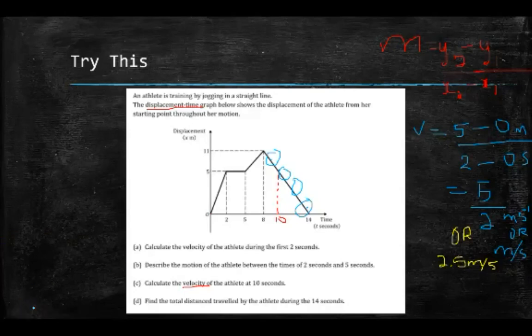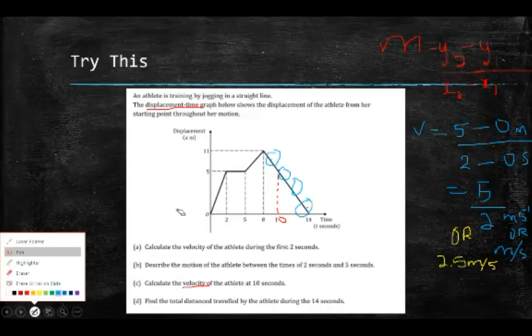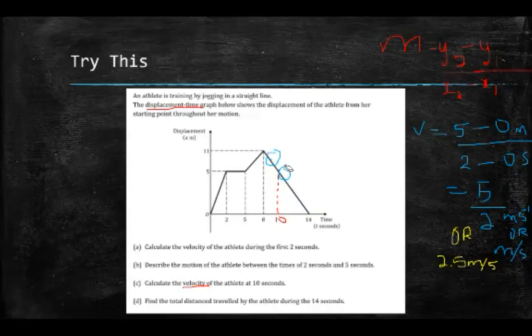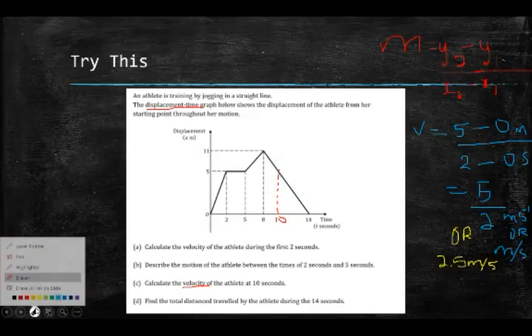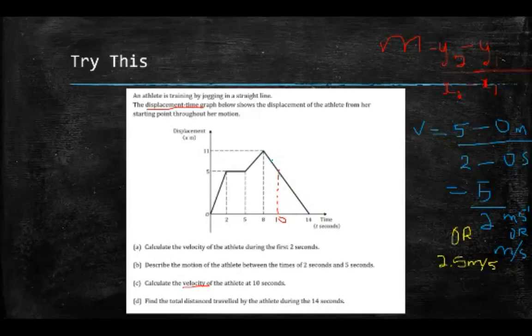So for this particular question, you might get confused because they did not label the 10-second mark and it didn't give you any y value for this 10 seconds. But that doesn't matter because the gradient of a straight line is constant. So I can use these 2 points that they gave me to find the gradient of this line.